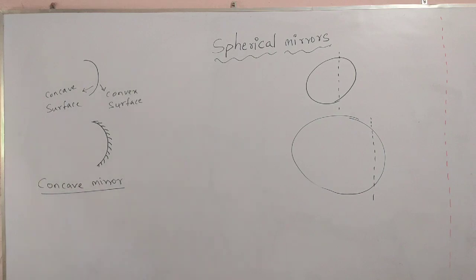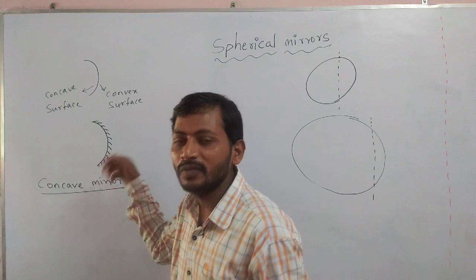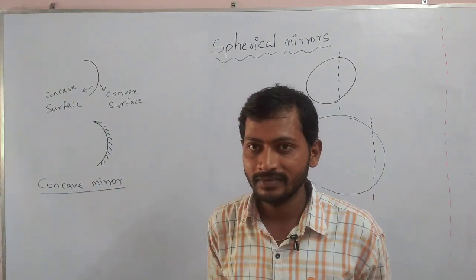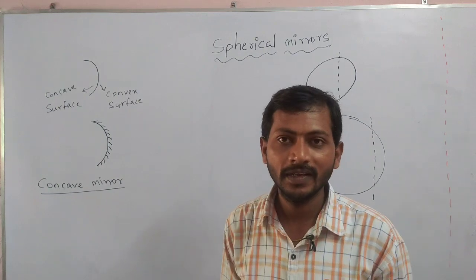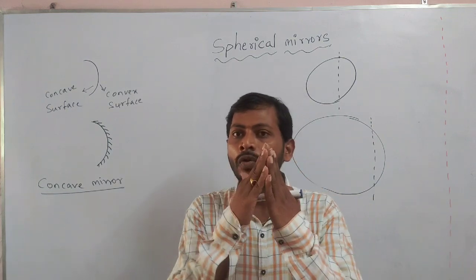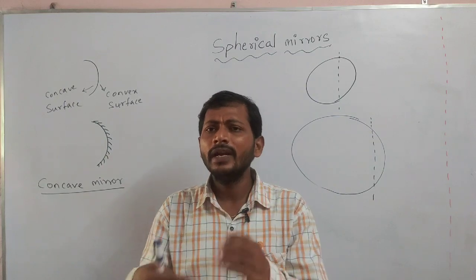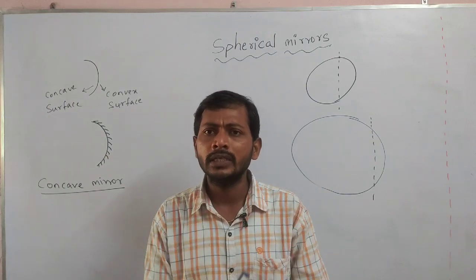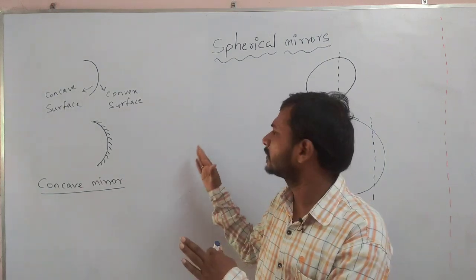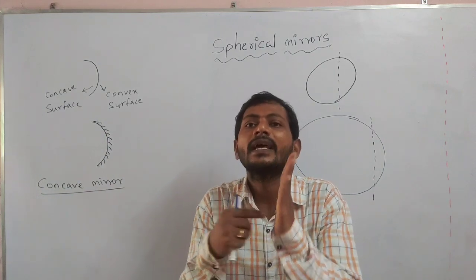You may have one question. Sir, you told that here you have given the silver coating. But when I see the backside of the mirror at my home, it has red color, sir. It does not have silver. Because see here, when silver is coated, this is the mirror, it is coated with silver. With daily use, when you touch it, maybe due to our nails or due to touches with other material, the silver coating will get scratches.